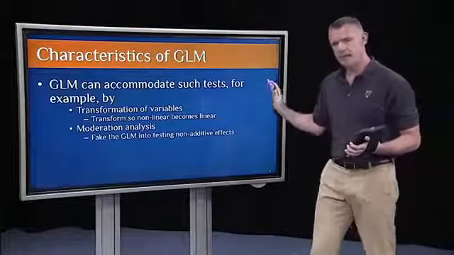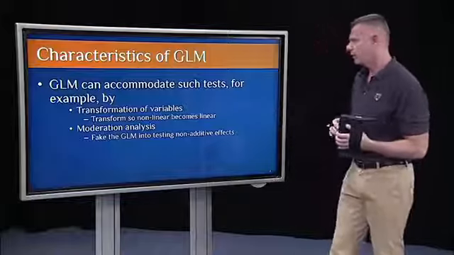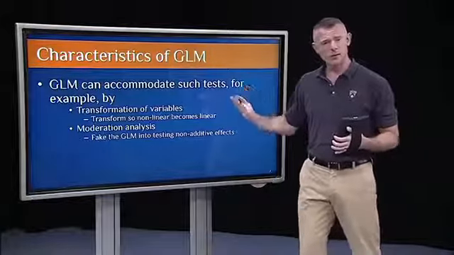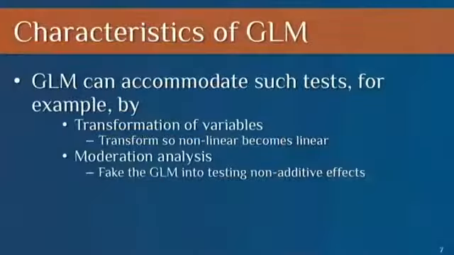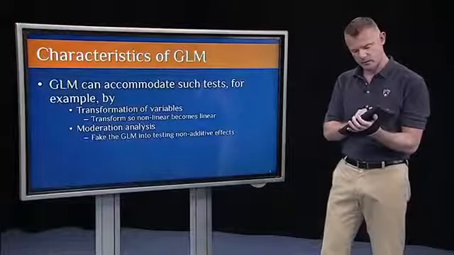So the GLM can accommodate such tests. For example, with nonlinear relations, we could just transform variables to make them linear and then fit them into the GLM. And as I said, we can add in interaction terms or moderation terms so that we can do a moderation analysis and test for non-additive effects.